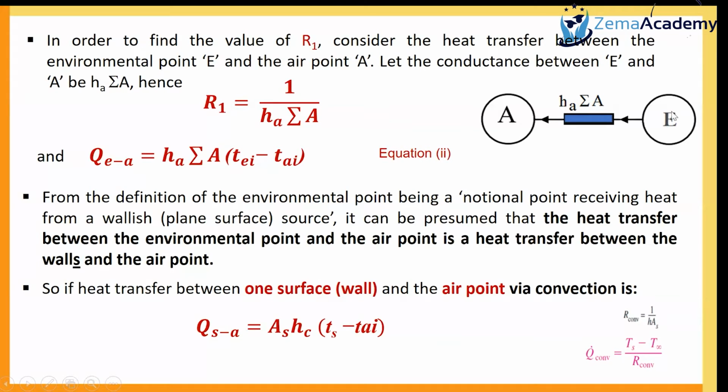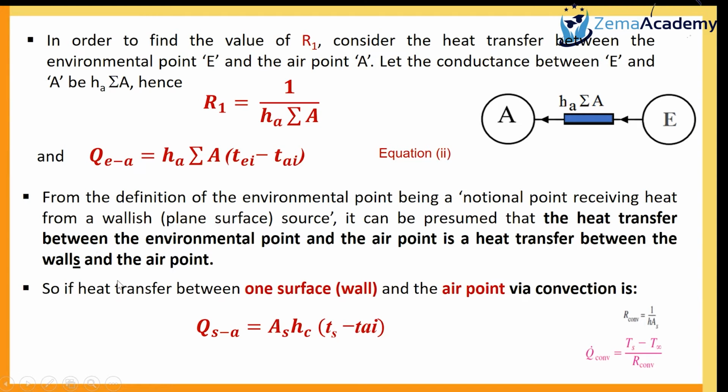So any heat transfer that will take place from here to here is heat transfer between the walls and the air point. And I have emphasized that it is walls. So when I'm talking about environmental, all the walls are involved.